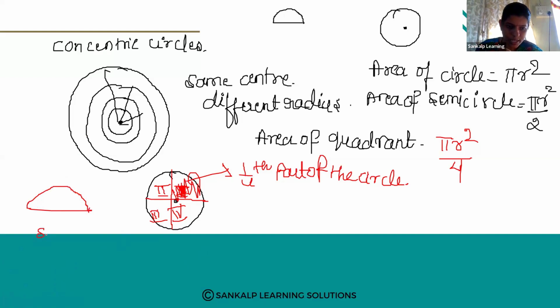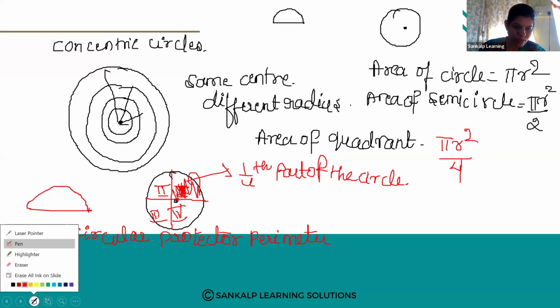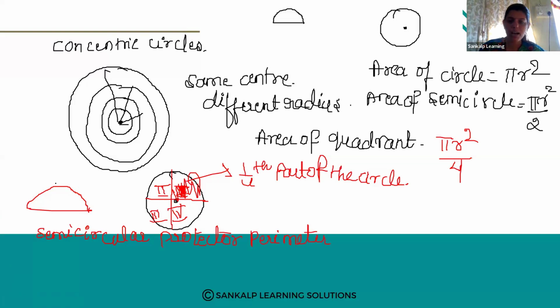Semicircular protector perimeter. That means here what you will do is find out the perimeter of the semicircle. So how are you going to find out the semicircle perimeter? See, we know the full circumference is 2 pi r. Therefore, half the circumference is 2 pi r divided by 2.